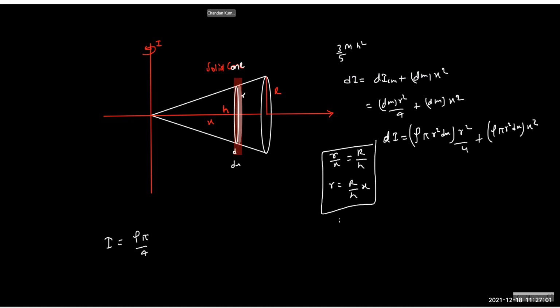So we can just write dr equals to r by h dx. That's a better way. So dx I can replace by h by r dr. Now this is easy for me because the r power 4 I want to keep, and dx I can replace by h by r dr. Now this is easy in terms of integration. And in the right hand side we have x square and r square, so we can do anything.